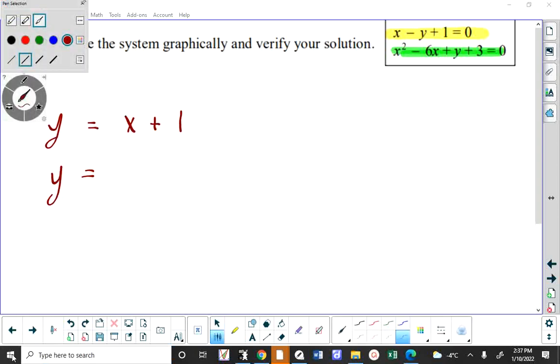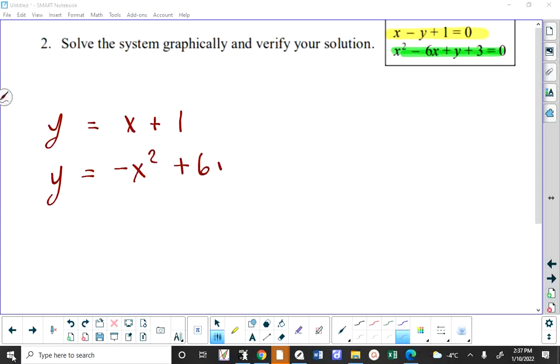The y is by itself, if we can get rid of the x squared, the negative 6x and the 3. So let's just subtract those to the other side where they all switch signs. Are we in agreement on these 2 rearrangements?